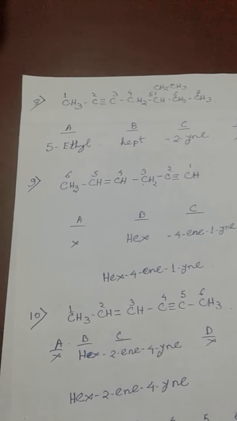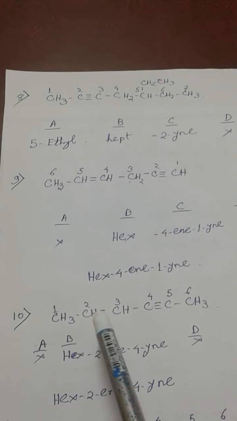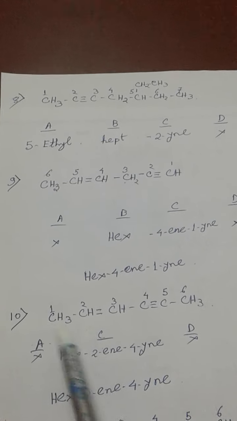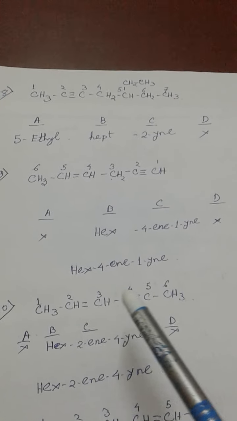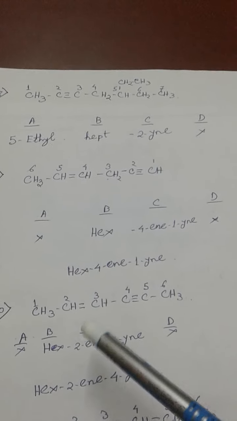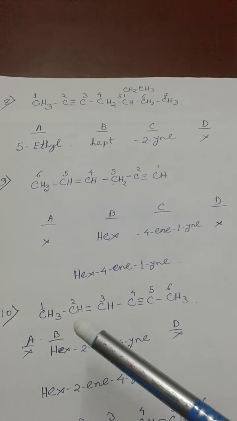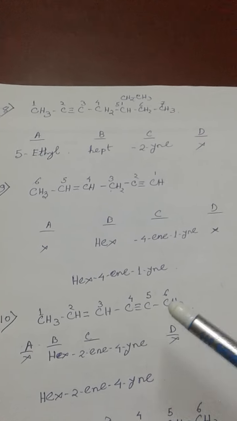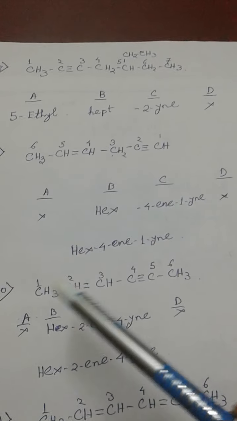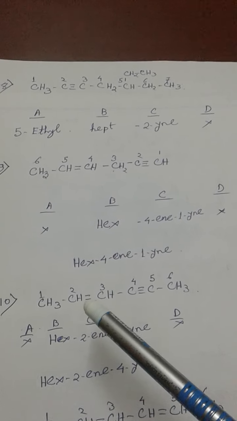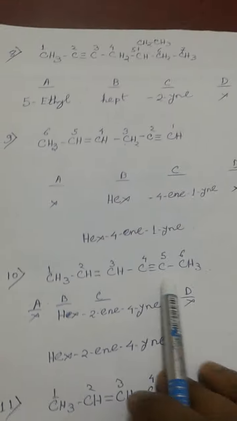But if I start from the left or right side, the locants are the same, but alphabetically en precedes yne, so we must start from the left side. So the name is hex-2-en-4-yne.